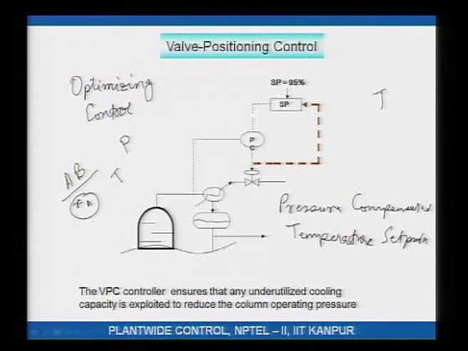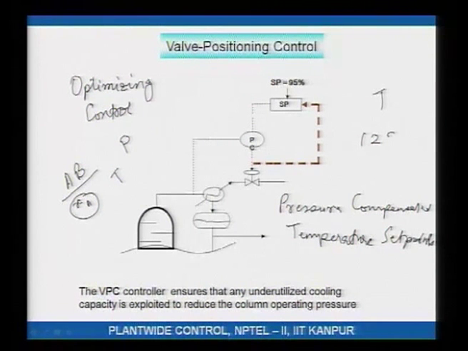And just to make the point, just to clarify it further, what I am essentially saying is, if the column is operating at 1 atmosphere or slightly above atmospheric pressure, let us say the temperature set point that gives you the right kind of separation is 125 degrees Celsius. Okay.